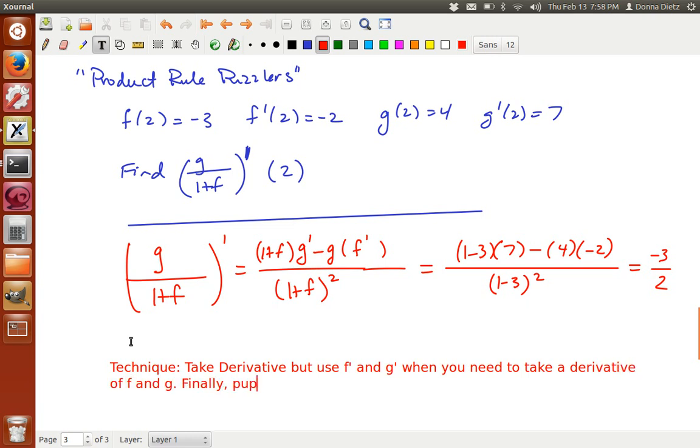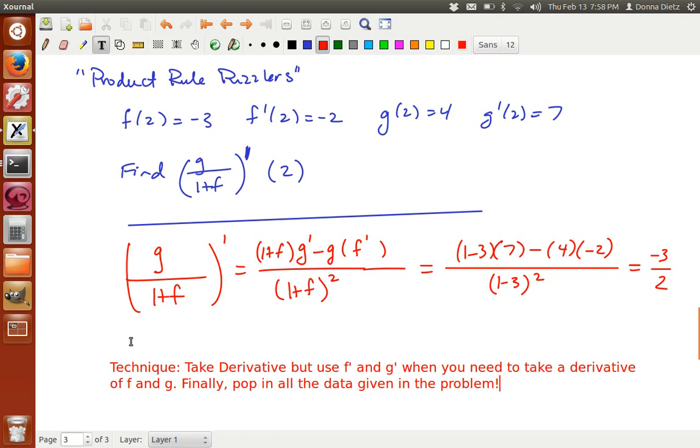Finally, pop in all the data given in the problem. Okay, that's all you need to do. So you should hopefully find that pretty easy.